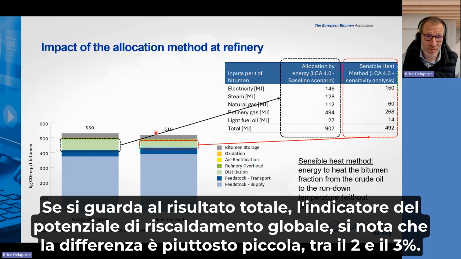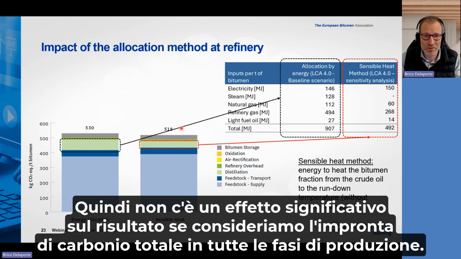So if you look at the total result of the global warming potential indicator, you find that the difference is quite low, between 2 and 3%, so has no significant effect on the result considering the total carbon footprint according to the different production stages.